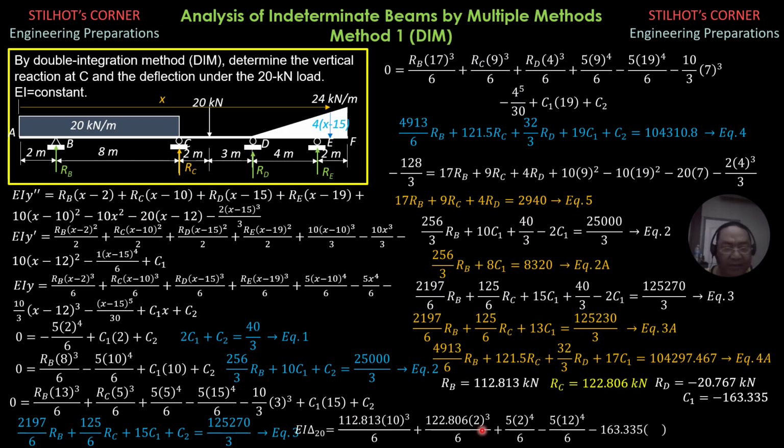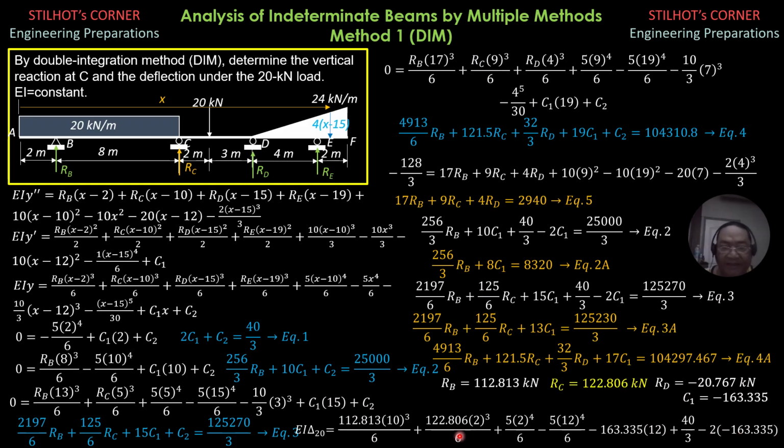RC is 122.806, then 2 cube over 6, then plus 5 times 2 to the 4th over 6, minus 5 times 12 to the 4th over 6, which is this, then 0, because negative, not included, plus C sub 1 times 12, which is negative 163.335, times 12, plus C sub 2, and C sub 2 is 40 over 3 minus 2 times C sub 1.